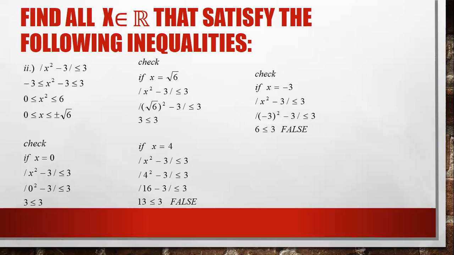So let's check what if x is less than negative 2, is it satisfied to this given equation? So let's try. If our x is negative 3, so we come up with negative 3 squared minus 3. The absolute value of negative 3 squared minus 3 less than or equal to 3. So negative 3 squared is just 9, minus 3 is 6. Then the absolute value of 6 is 6. Is 6 less than or equal to 3?